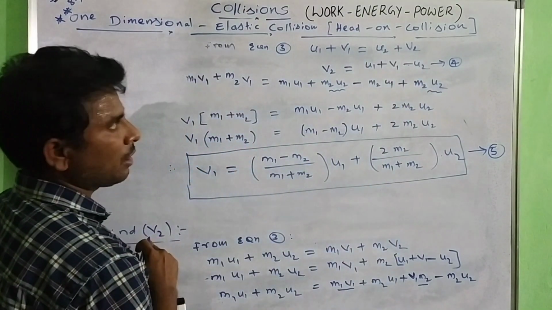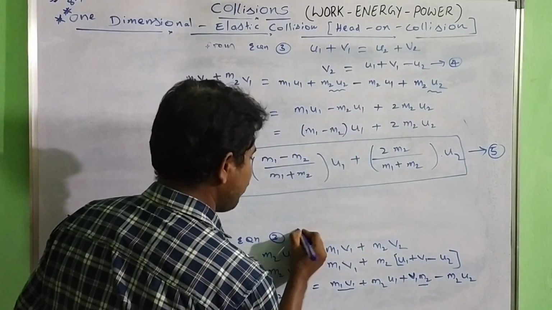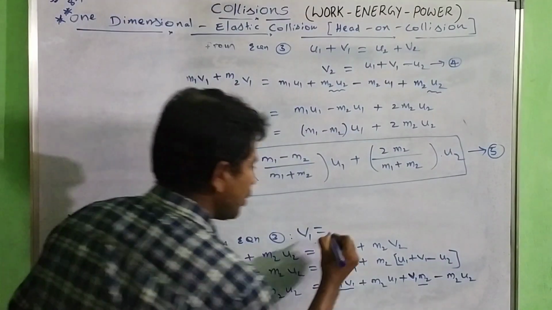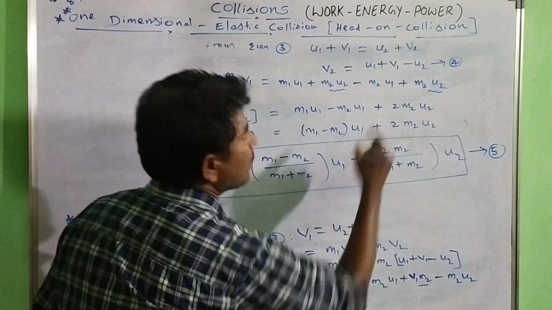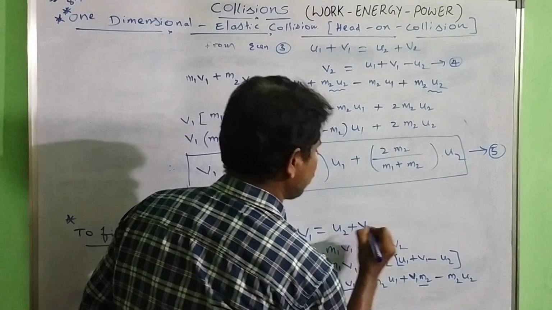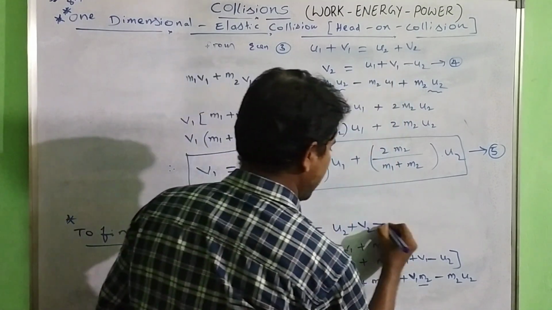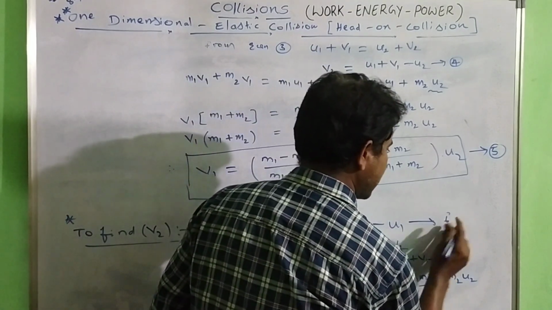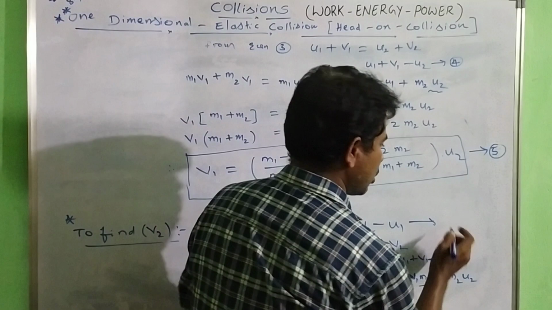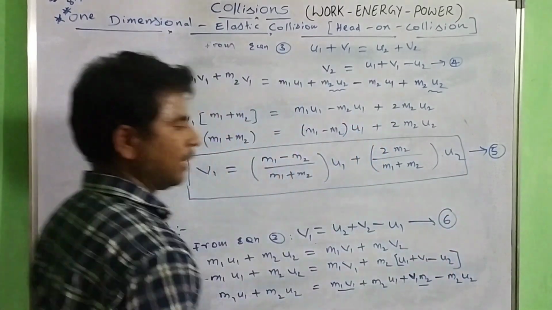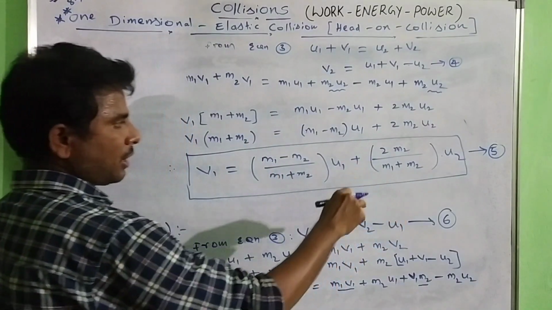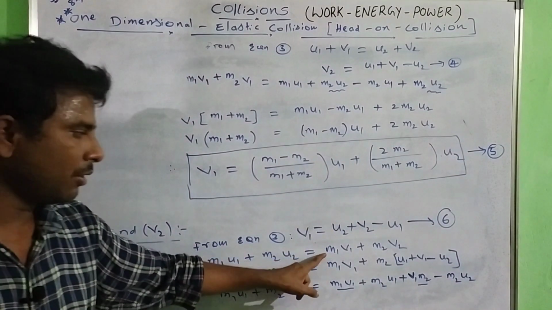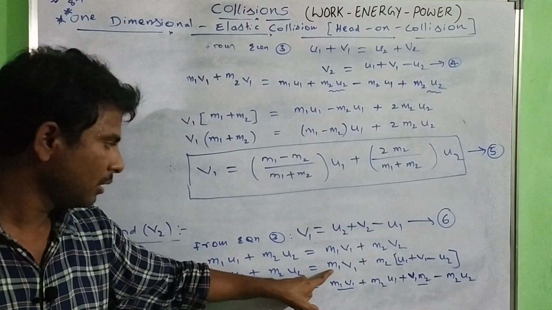Taking v1 on the left side from equation 3, v1 equals u2 plus v2 minus u1. This is equation number 6. Equation 6 is substituted in the equation below.